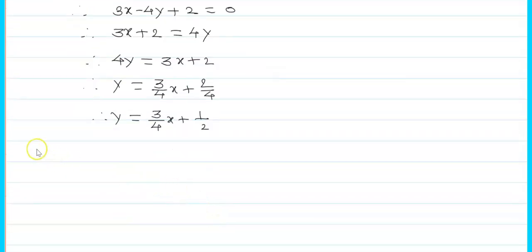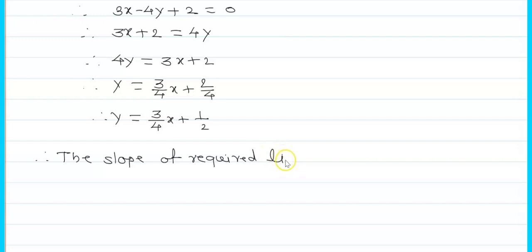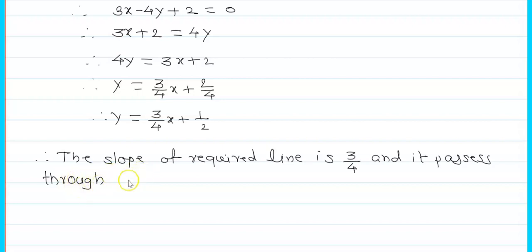Okay, therefore the slope of the required line is 3 by 4, and it passes through the point.